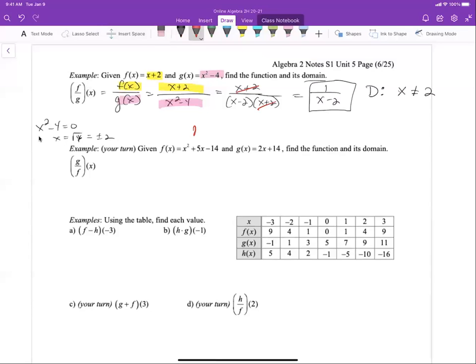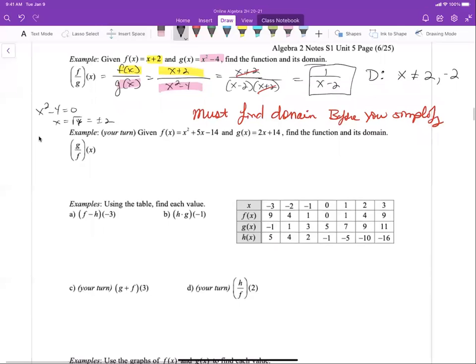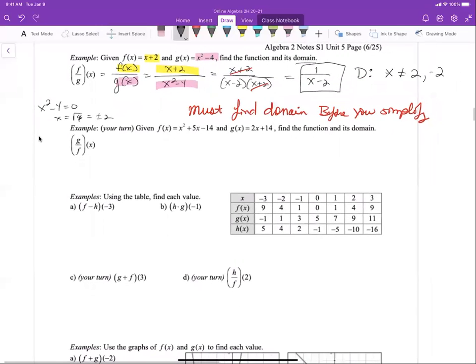So you must find the domain before you simplify. Okay, so the values of x such that this function is undefined is not only 2, but it's also -2. So it's plus or minus 2. Okay, so you have to find the domain before you simplify. All right, so why don't you try one yourself and find the domain before simplifying your answer.